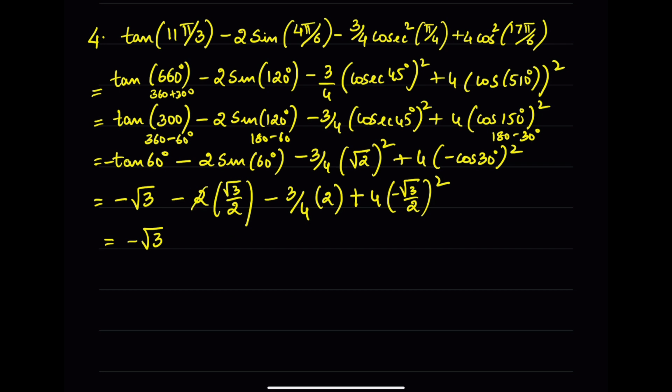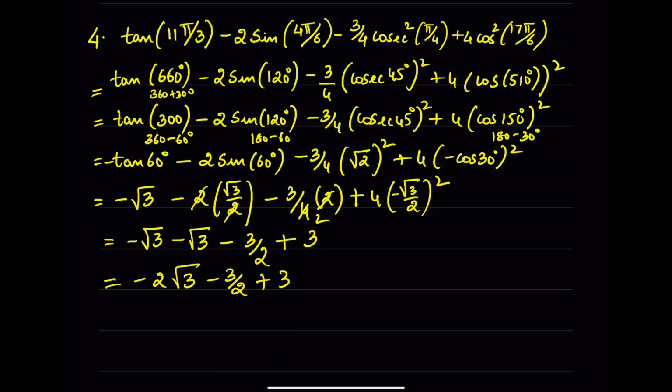minus square root of 3, then the 2 gets cancelled, so this will be minus square root of 3 again, and this will be minus 3 by 2, and this will be plus 3. So now the value that we will have is minus 2 times square root of 3 minus 3 by 2 plus 3. Now let's solve for the common denominator.